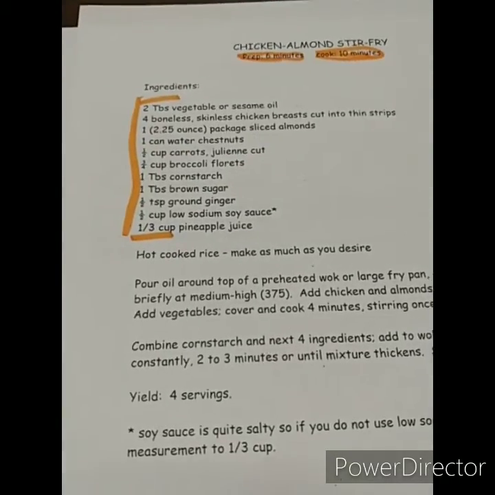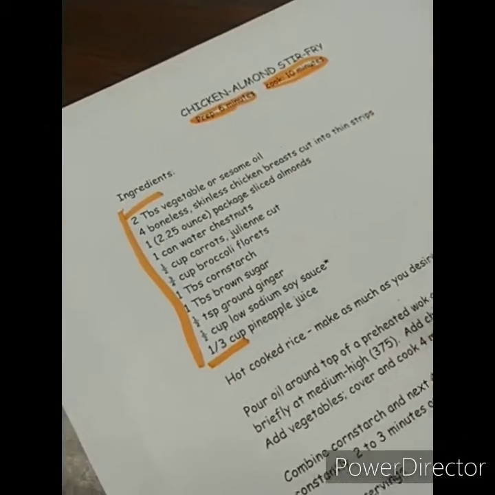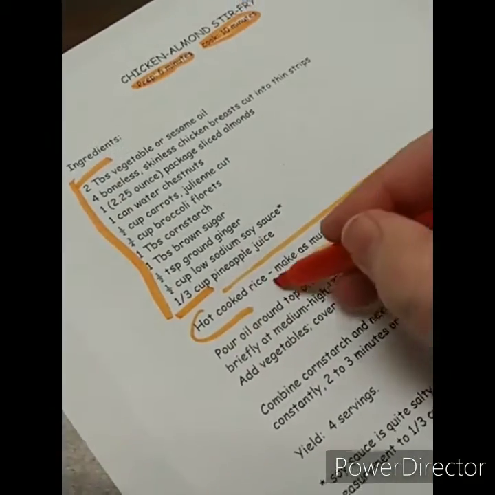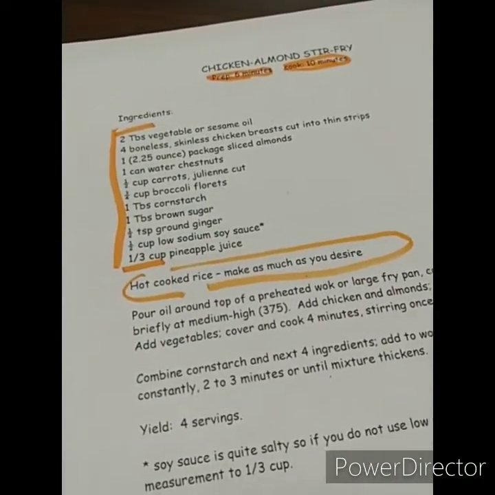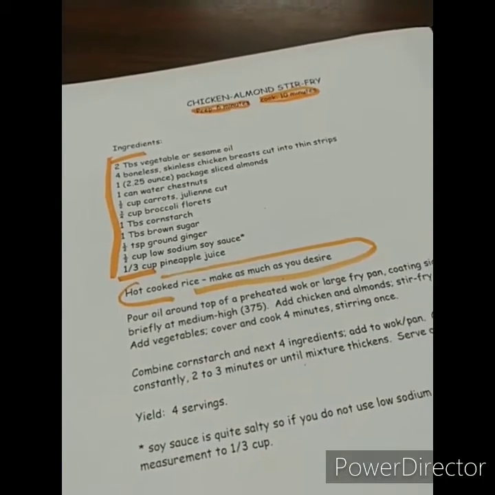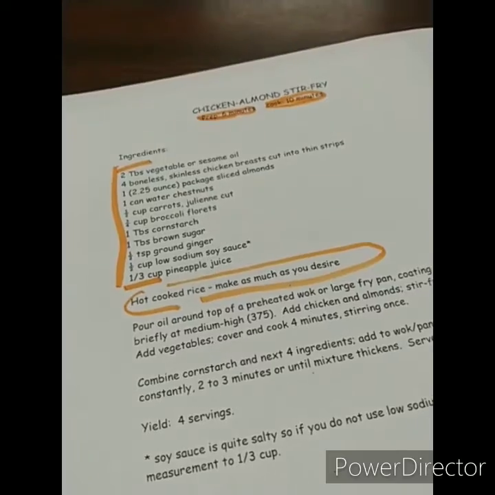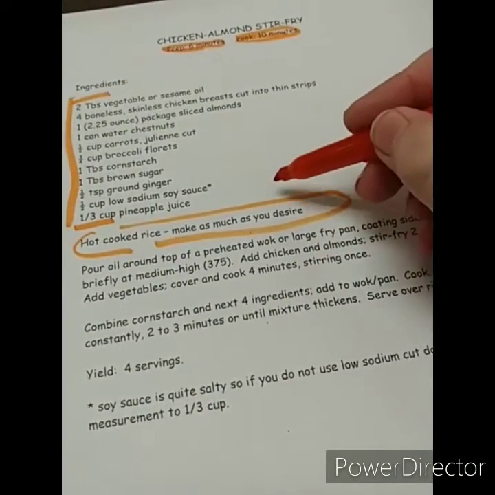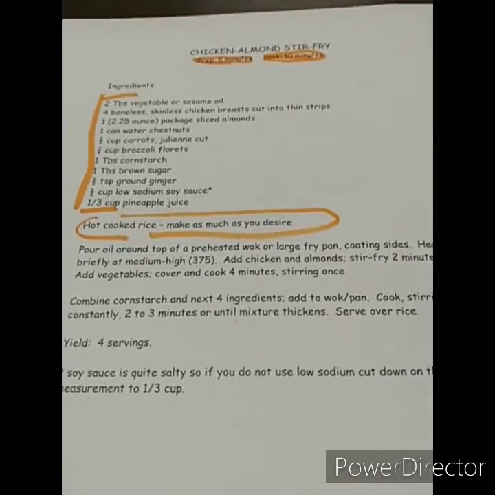Notice on this one, even though it is a good one, it has this separate section down here because this is the side dish that goes with it that says hot cooked rice, make as much as you desire. That doesn't have a specific amount because they're letting you make a decision on that. So some people would make more, some people would make less, and it's almost not with the ingredients list. So that was a little cutting it close, but they do mention it.